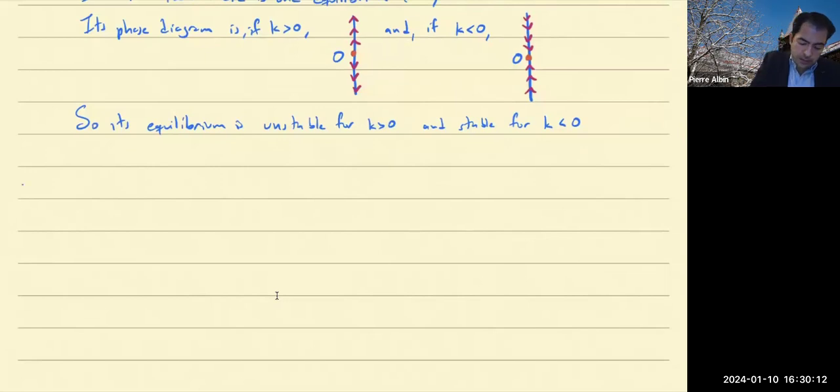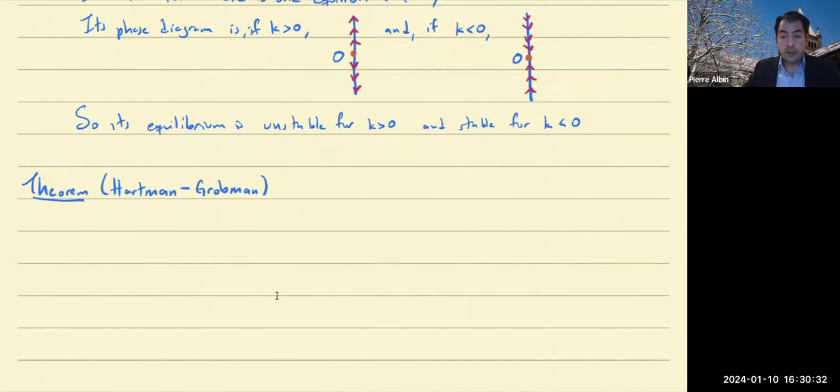There's a theorem known as the Hartman-Grobman theorem, right? It's named after Philip Hartman, an American mathematician, and David Grobman, a Soviet mathematician, who both proved this roughly in 1960.